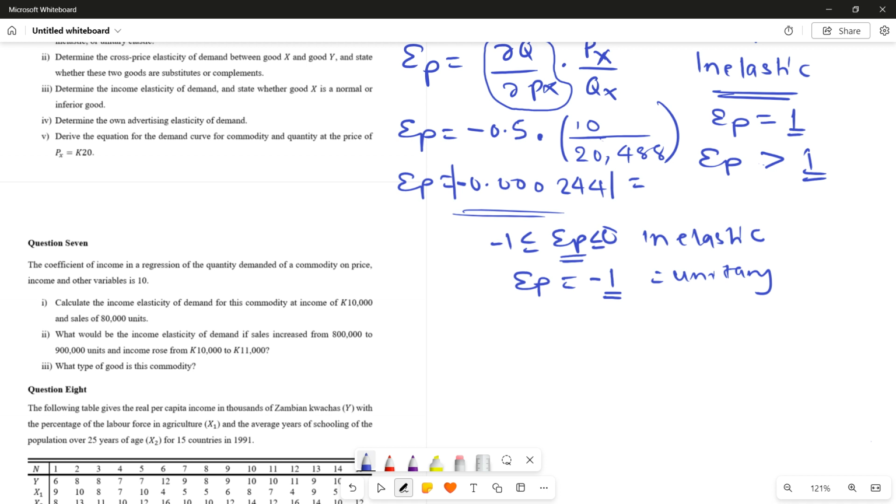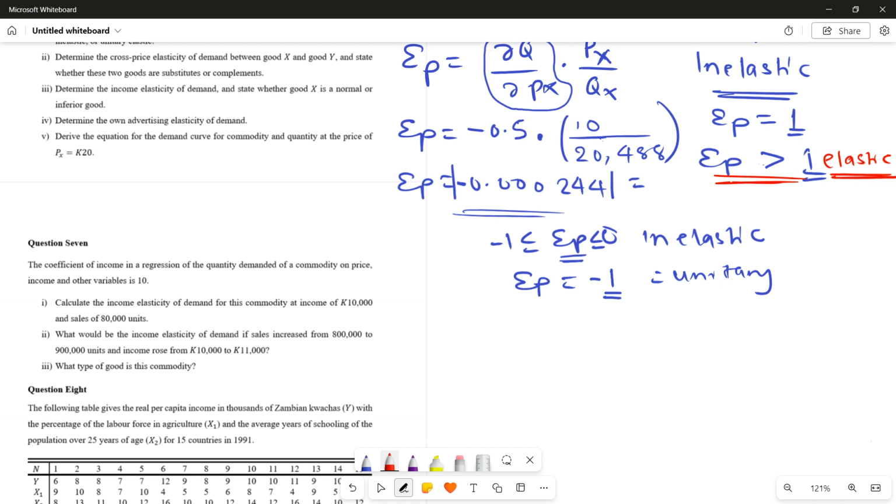The analysis, the conclusion should be the same. Okay? And of course, the last case is, let's start with the positive side. This thing that I've written here. If your elasticity is greater than 1, this means that the demand is elastic now. It's elastic. This means that you increase price, let's say by 1%, the demand will fall by more than 1%. Okay? Because the value is greater than 1.